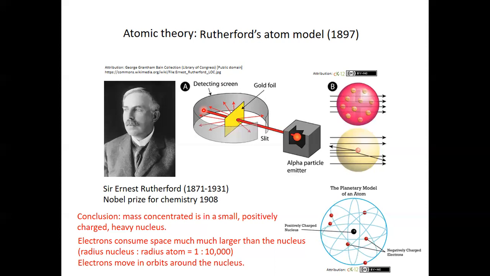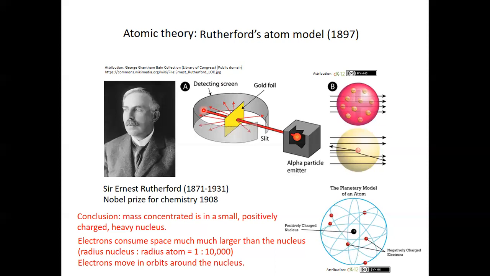Because the electrons would have a much smaller mass than the nucleus, the path of the alpha particles would not be influenced by the electrons.